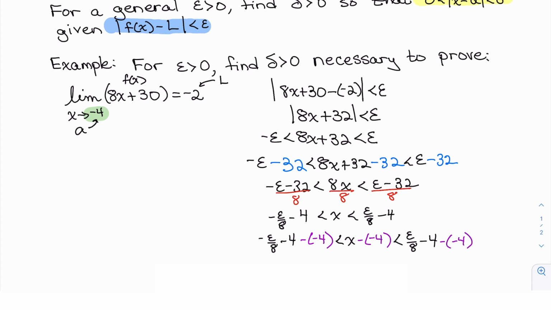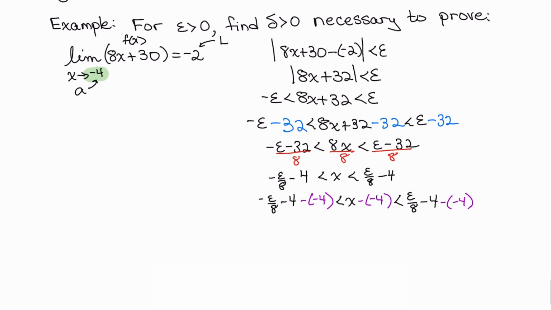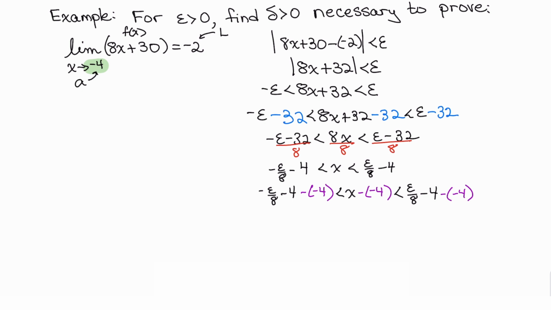Now simplifying all of this, we have negative epsilon over 8 on the left because the minus 4 and the plus 4 will cancel. I have an x plus 4 in the middle, and I have an epsilon over 8 on the right. So this gives me negative epsilon over 8 is less than x plus 4, which is less than epsilon over 8.